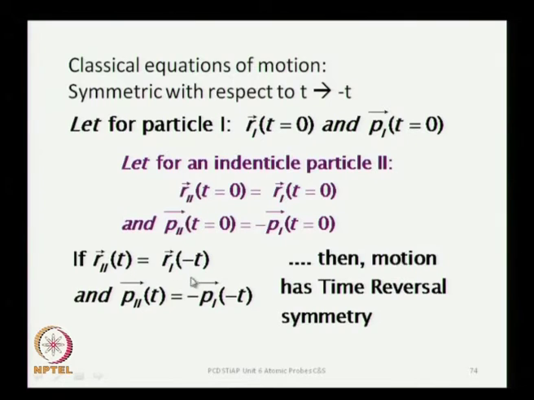So this is t going to minus t. At a previous as much time, if the second particle has the same position as the first particle had at as much previous time, and the momentum is the negative of what the first particle had at that much previous time, which is minus p1, then you say that motion has time reversal symmetry. This is the meaning of time reversal symmetry in classical mechanics.